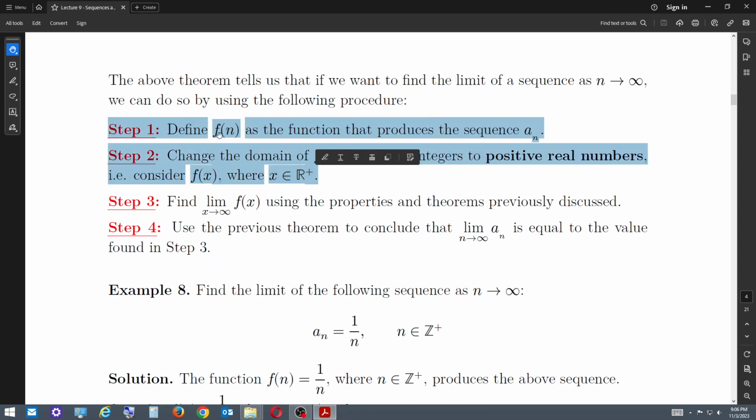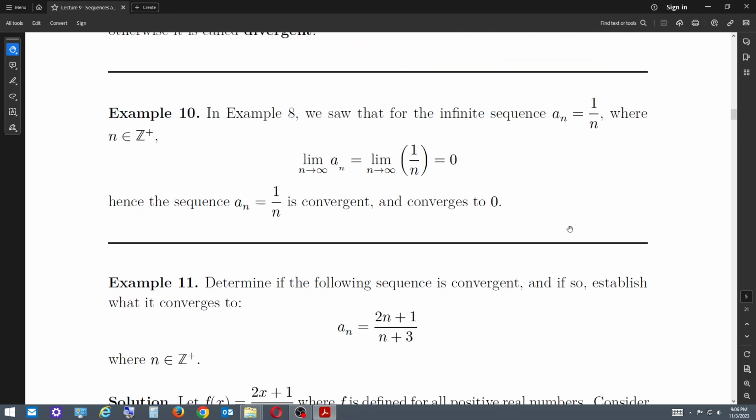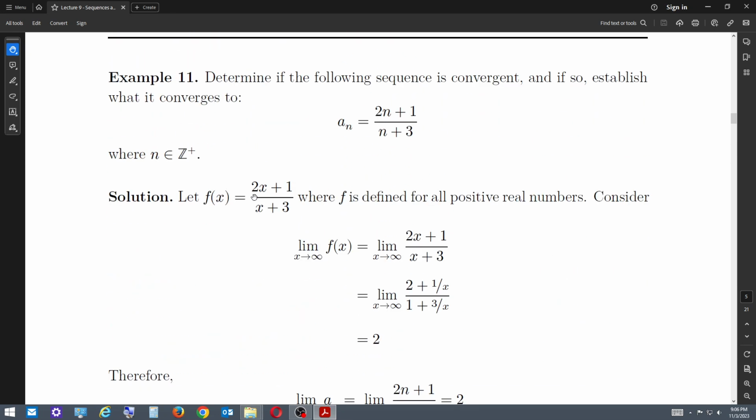Rather than saying f of n is equal to whatever it is, you could just replace n one time, so we automatically get f of x. We let f of x be this expression, but we replace n with x. Remember, if you're going to use the properties from before, this has to be defined over positive real numbers, not just positive integers.